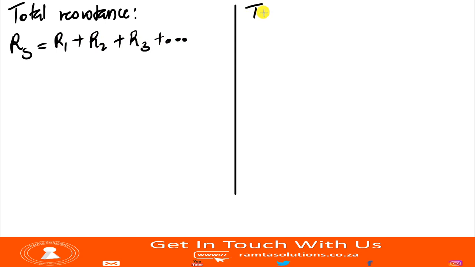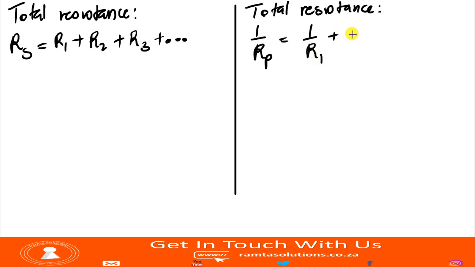Now for parallel connection, total resistance would be 1 over Rp is equal to 1 over resistance of resistor 1 plus 1 over resistance of resistor 2 plus 1 over resistance of resistor 3, and so on.